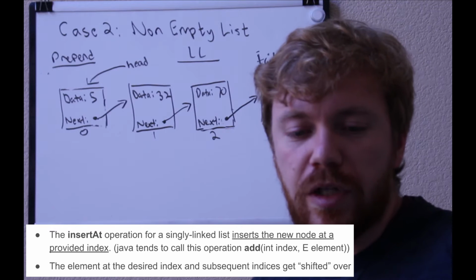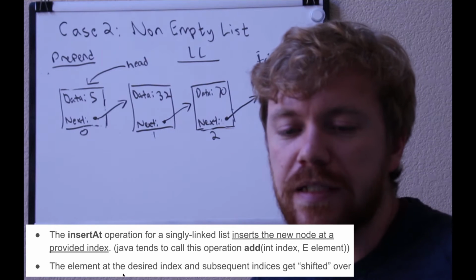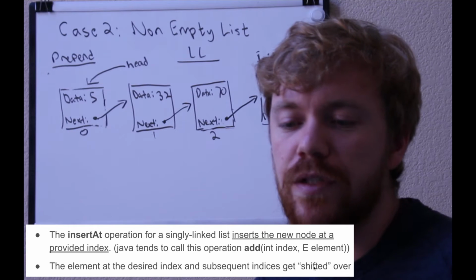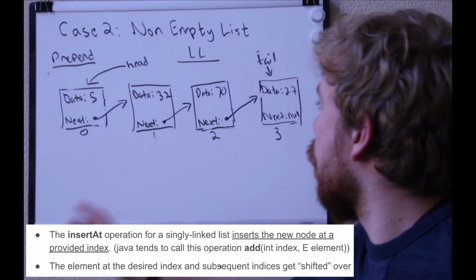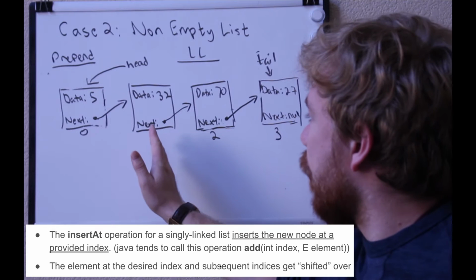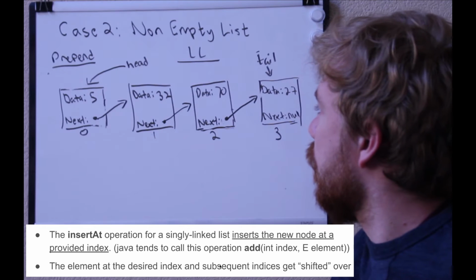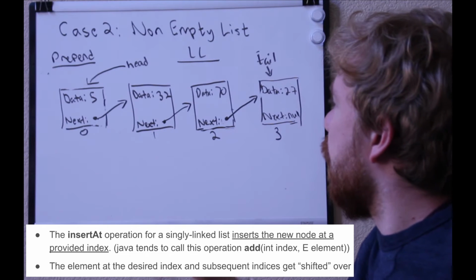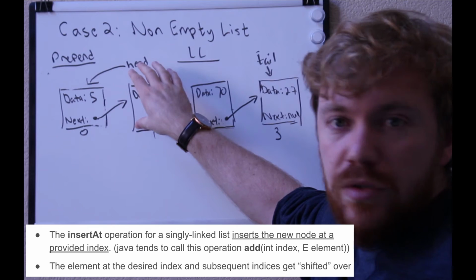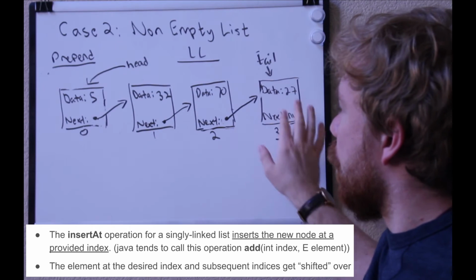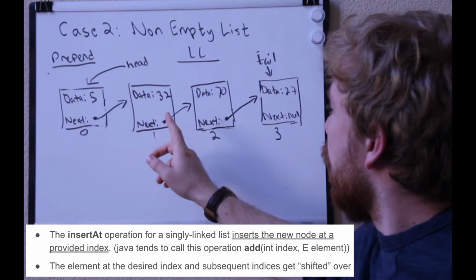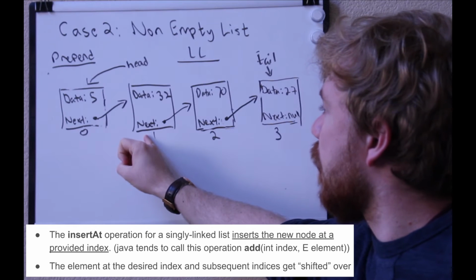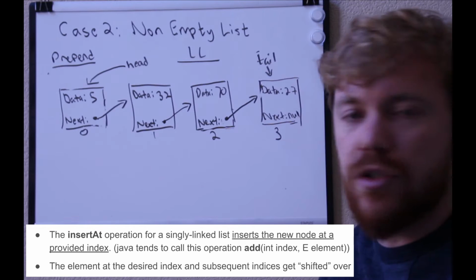And so if we look at the next point here, the element at the desired index and subsequent indices must get shifted over. So what this means is, if we say we want to add a new node at index 1, and there is already a node and subsequent nodes, then the node at index 1 and subsequent nodes must get shifted over, meaning the location of the node currently at index 1 will become index 2.